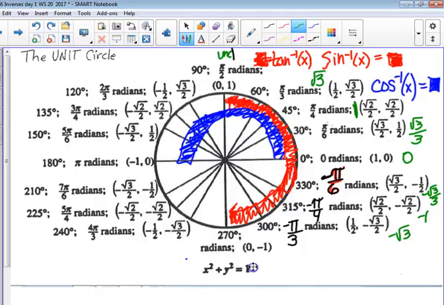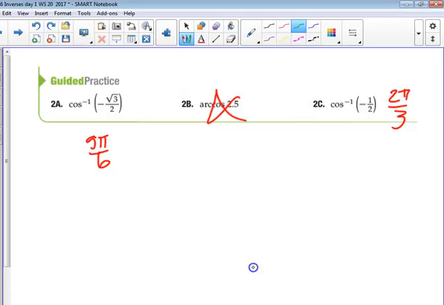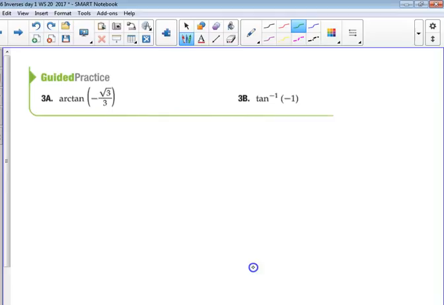Those aren't going to be on your unit circle. So when I ask an arctangent question or inverse tangent question, you're going to take a little longer and have to think and figure out where it is. All right, so let's look at the examples I have for that. 2 examples, okay? First thing, I look at my unit circle, and arctangent tells me I'm looking in these 2 quadrants, yes?